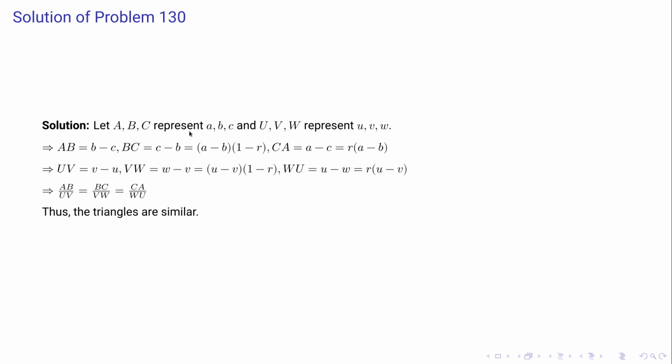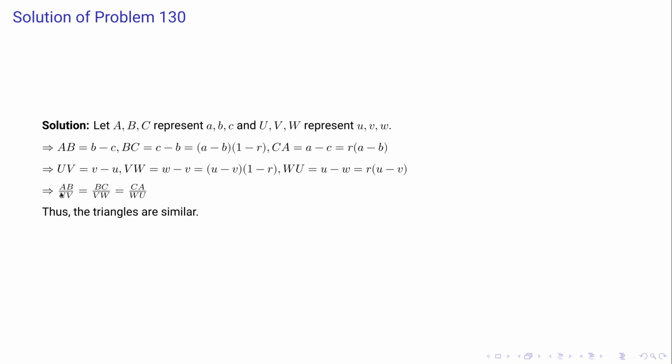So we let capital ABC represent small abc, and capital UVW represent small uvw. So we can write that AB is equal to A minus B, BC is equal to B minus C, and then we put the value of C. We get A minus B into 1 minus R, and CA is equal to A minus C, which is equal to R into A minus B. Similarly, we get the values of UV, VW, and WU.